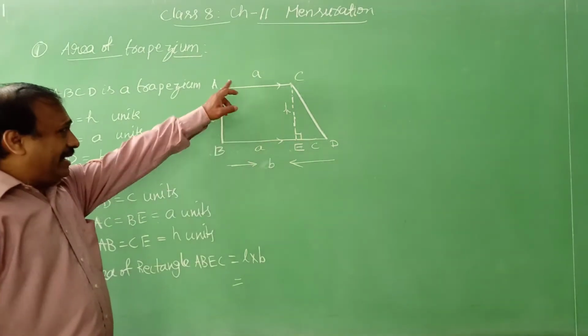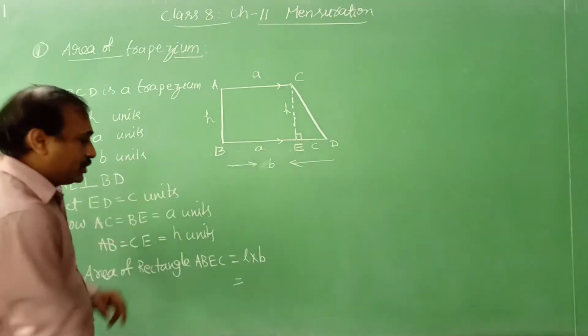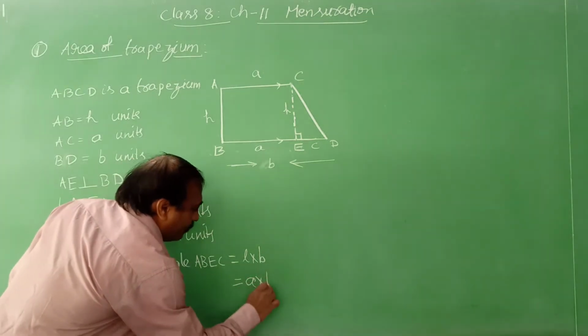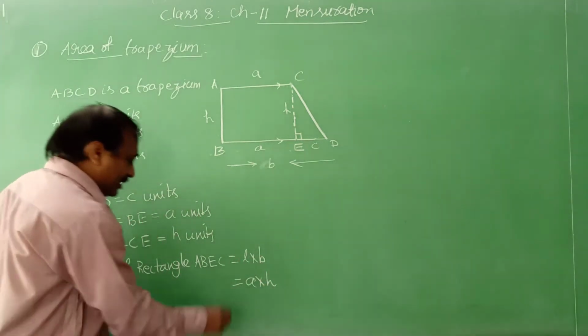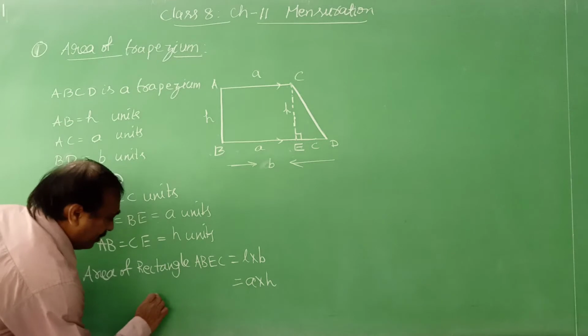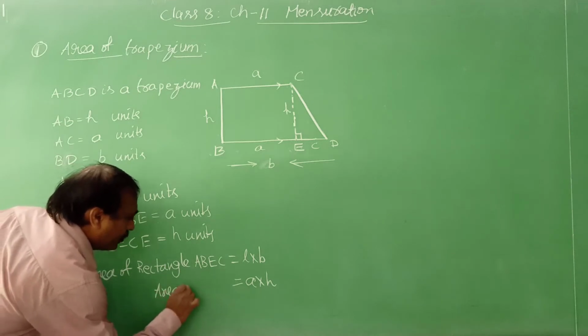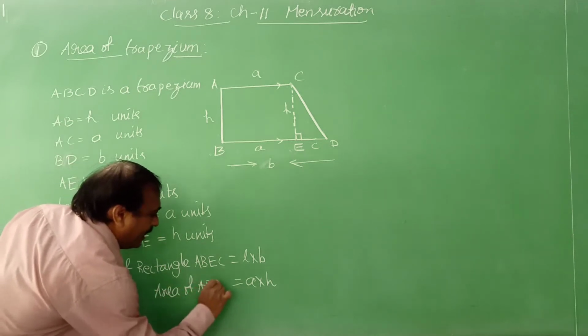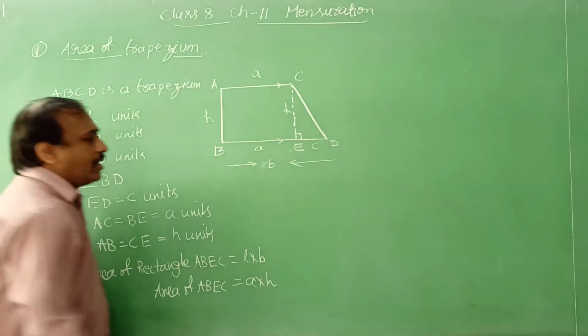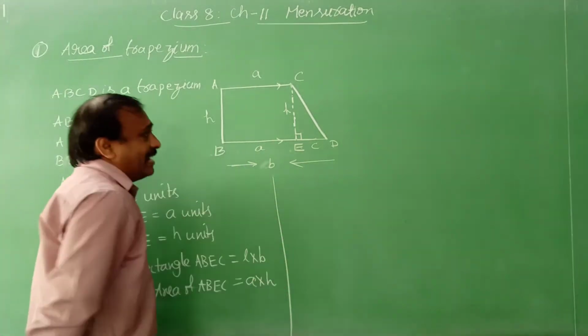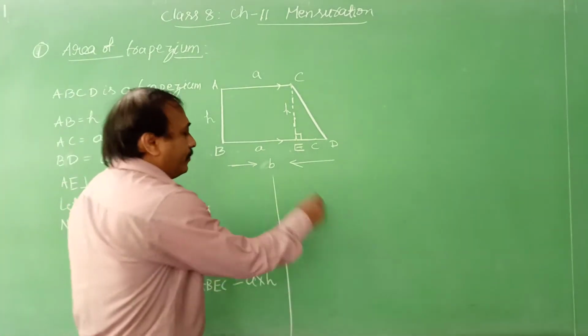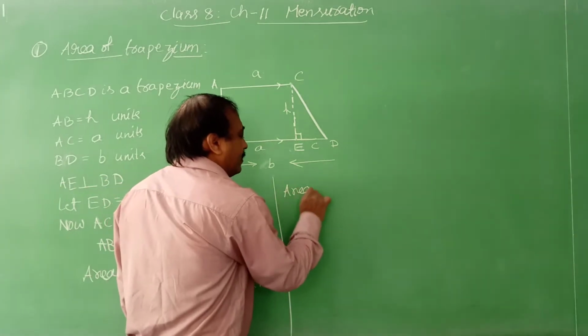Now, what is it? A into H. This is the area of ABEC.